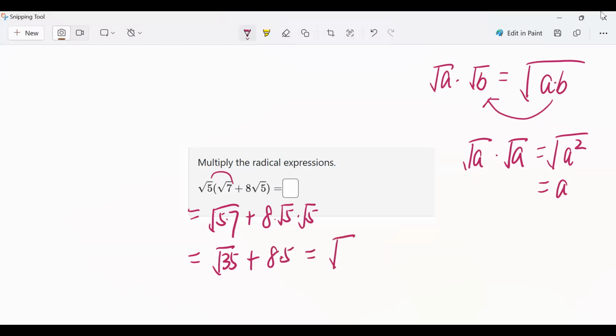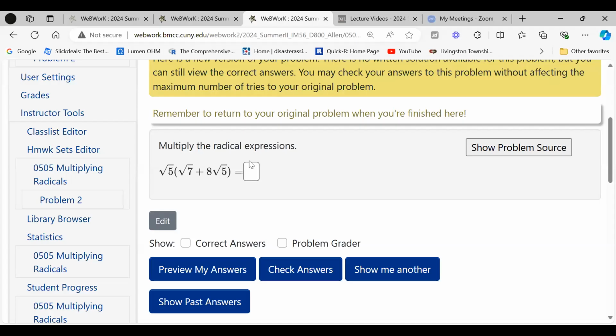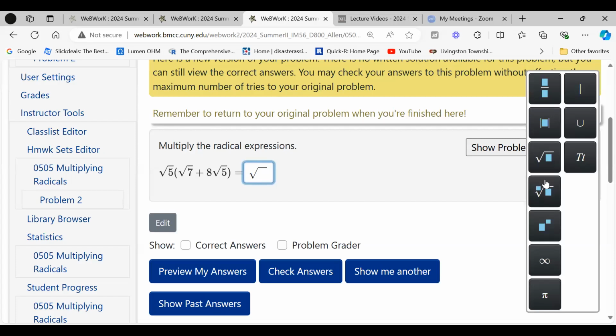Multiply them, so you get radical 35 and 40. So the answer is square root of 35 and 40. And we cannot combine the numbers with the radicals. You can only combine the like radicals or the numbers separately.